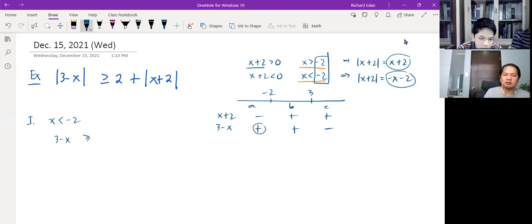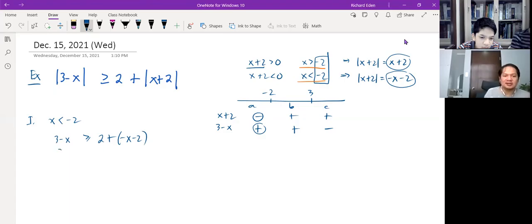And then this is greater than or equal to 2 plus, now x plus 2 is negative, so the absolute value of x plus 2 becomes negative x minus 2. So look, now we have an inequality without any absolute value bars. Let's see what this provides us with.